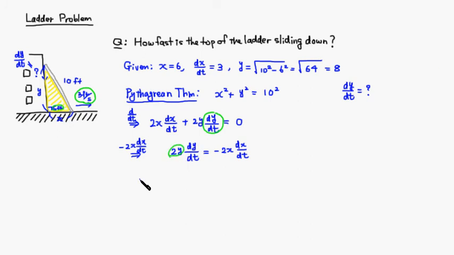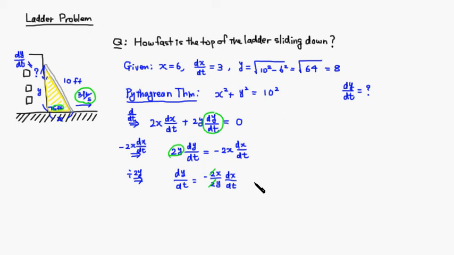We can do that by simply dividing through by 2y. Then you have dy over dt all by itself, equal to negative 2x over 2y times dx over dt. We can clean up a little bit: you have a 2 on top and a 2 on the bottom, and you can cancel those out.